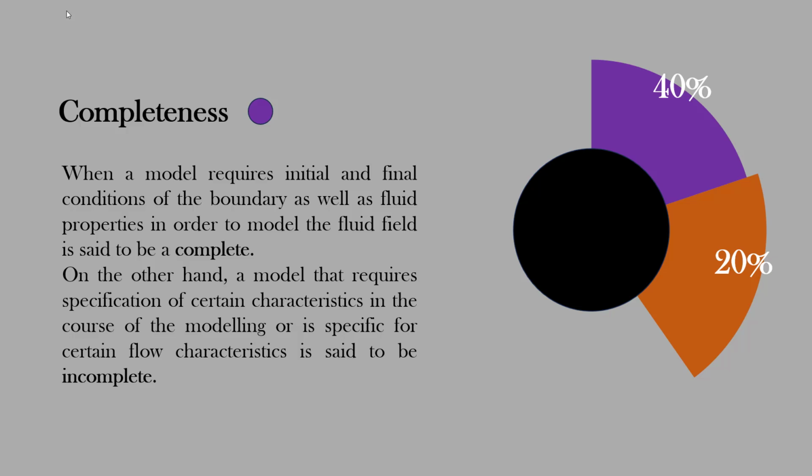The next criterion is completeness. There are some equations, which are the models, that only require your initial boundary and your final boundary. Everything else within the environment of those boundaries can be estimated based on the model. That's a perfect example of a complete simulation or a complete model.